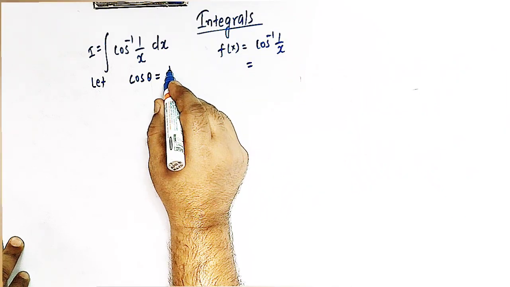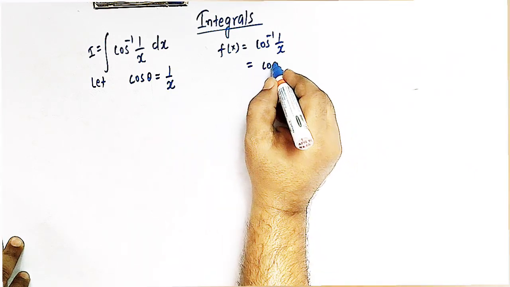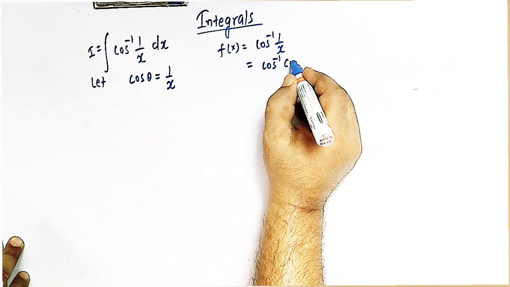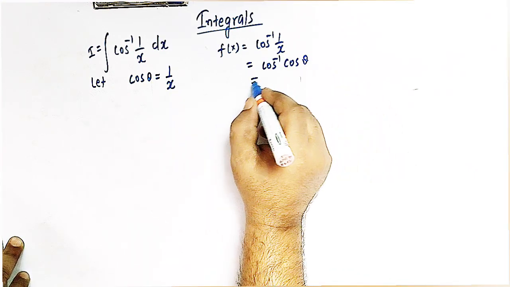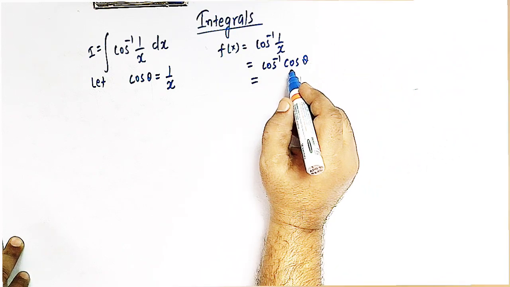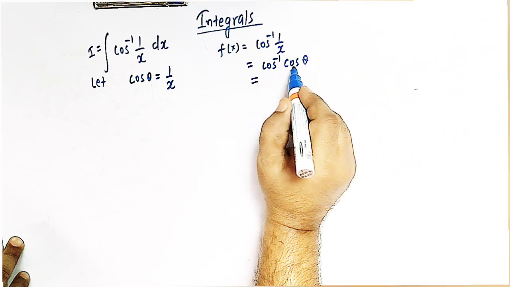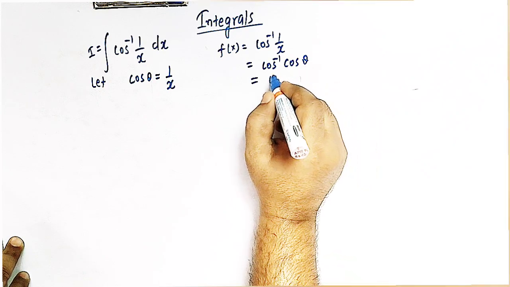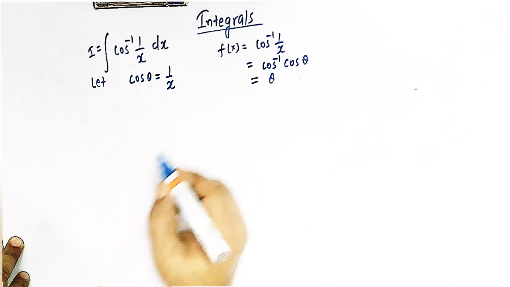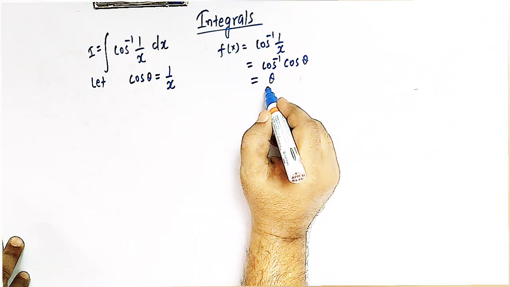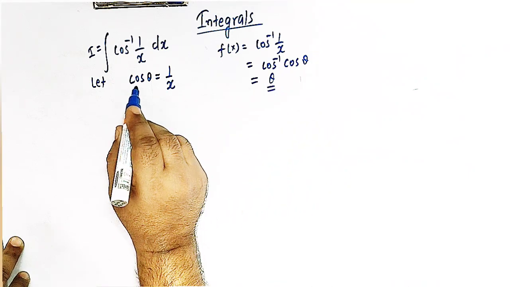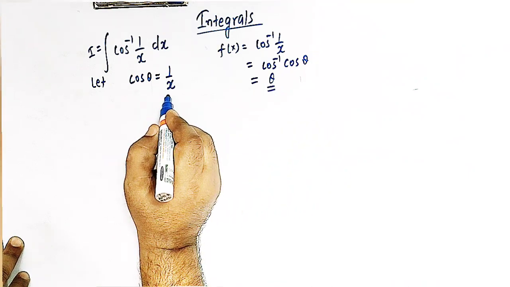Now when we take 1 over x as cos theta, then we have cos inverse cosine of theta, and from the inverse trigonometric functions we can write cos inverse cos theta is equal to theta. So f of x is equal to theta, where cosine theta is equal to 1 over x.